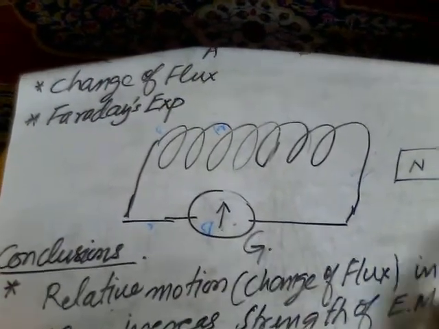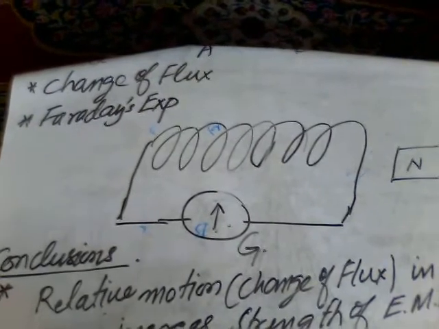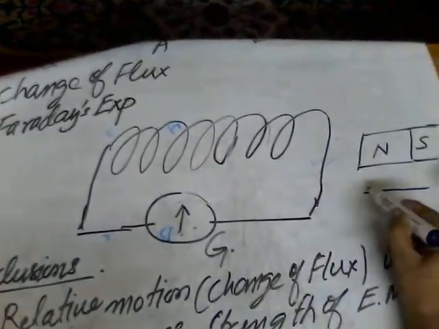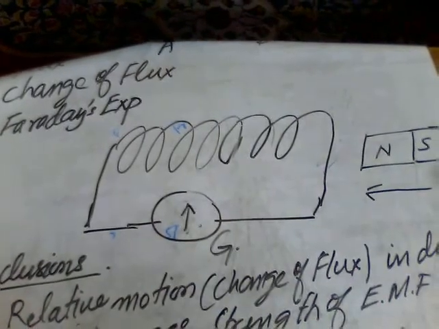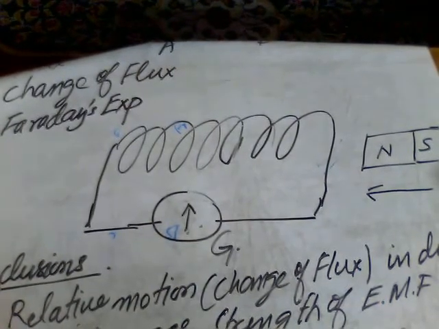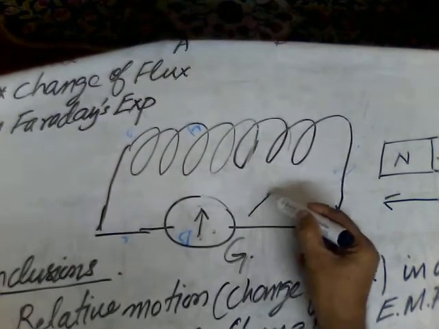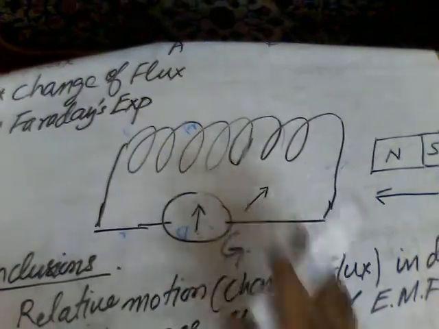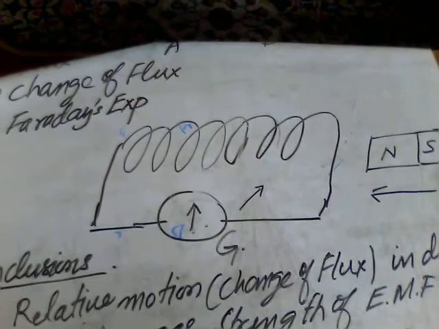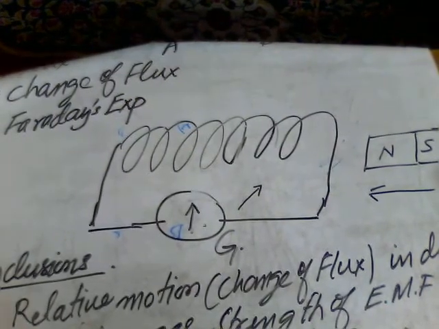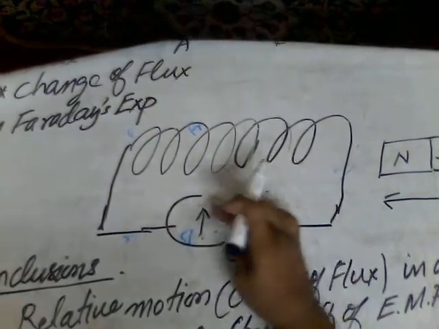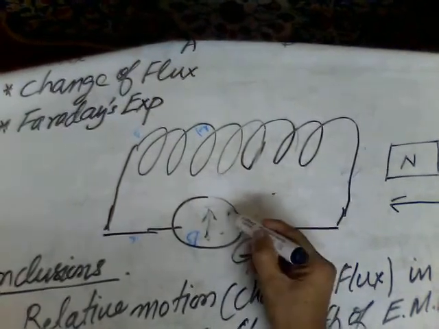Suppose we move the magnet toward the coil, the needle moves a little to the right.